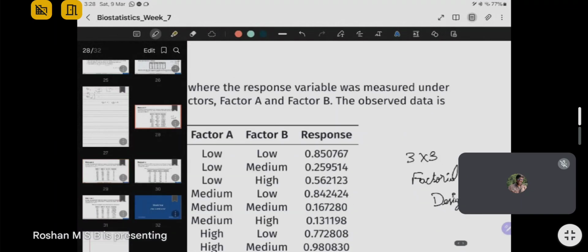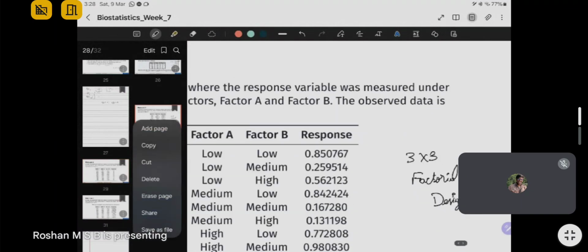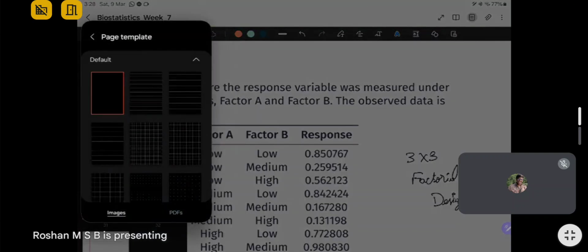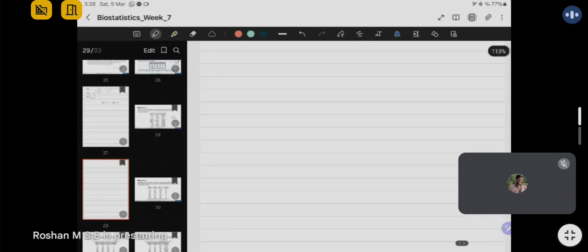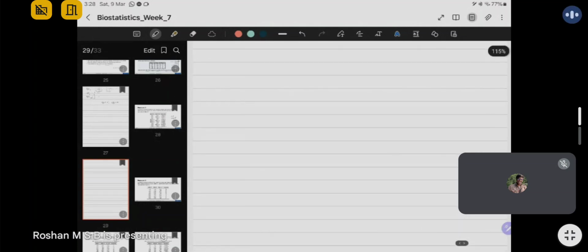If we had low and high, we denoted low as minus and high as plus. Now, what will we denote medium? When we calculate the effect, you always subtract the lower mean from the higher mean to get the effect of A.